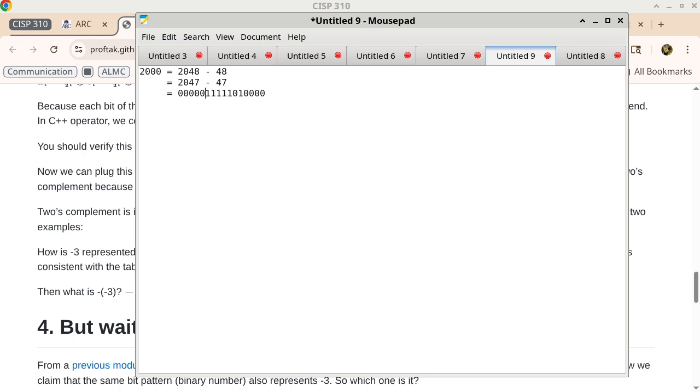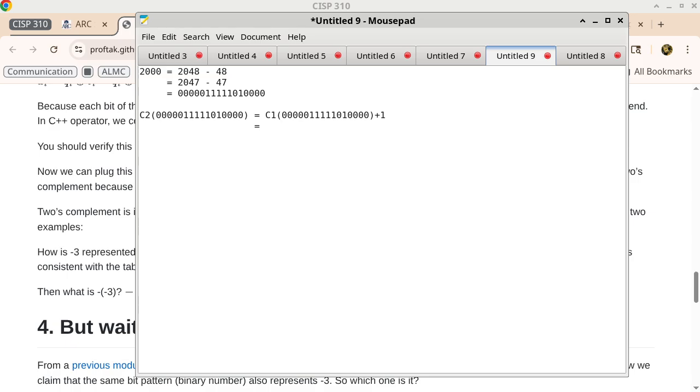Now that we know this is X, the next question is, what is the two's complement of this bit pattern? I'll be a little lazy here and do some copy and pasting. C2, the two's complement of this bit pattern, is C1 of the same bit pattern plus 1. What is one's complement doing again?